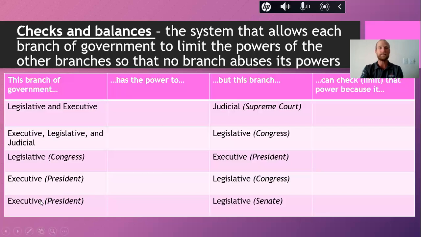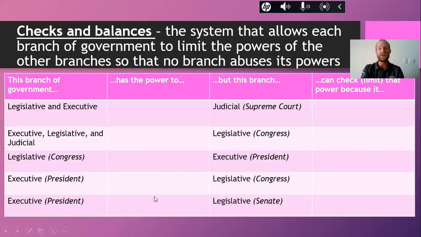So the president has the power to make treaties with other nations, and has the power to nominate or appoint people to top government jobs. But the Senate can limit that power because the Senate can take a vote to reject those treaties and can take a vote to reject those nominations and appointments.